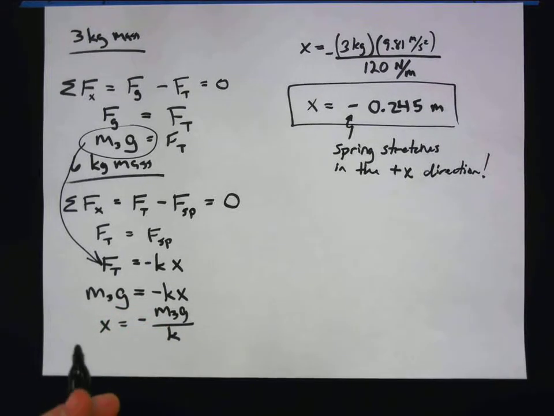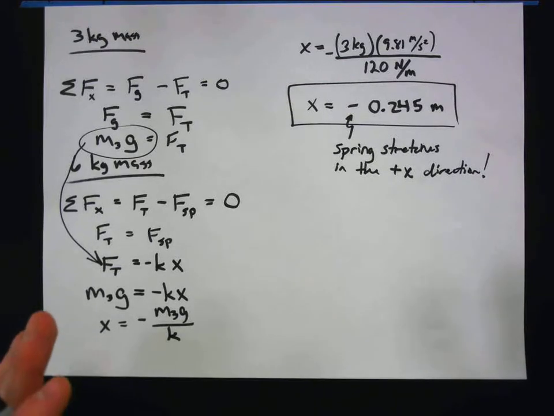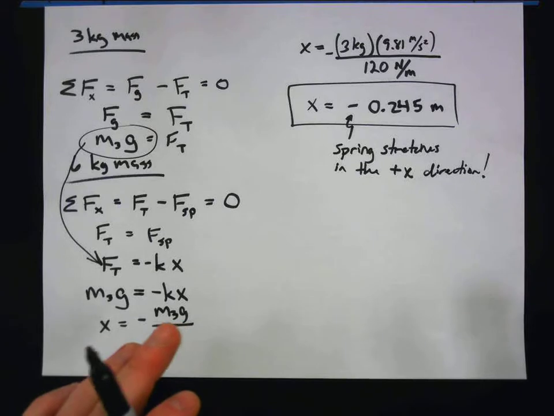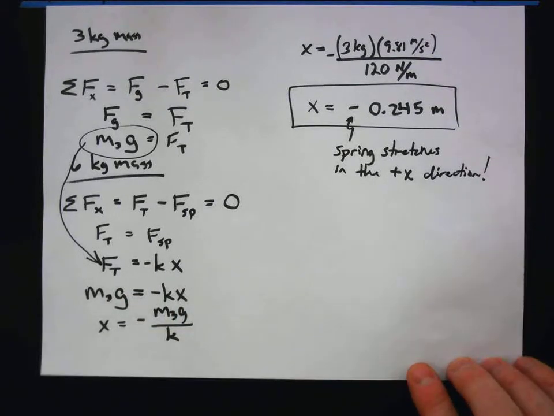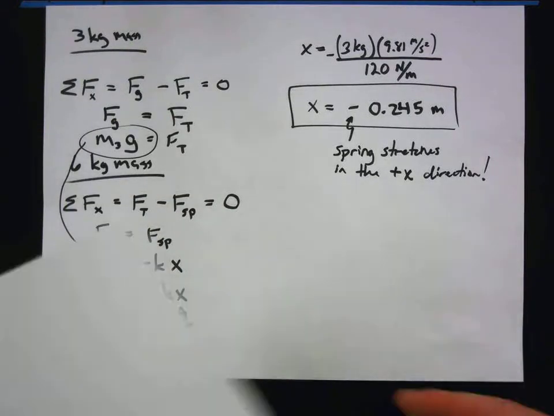Okay, so there's that problem that incorporated connected objects and Hooke's law. But we're going to have a new challenge here. We're going to look at this a little differently. For this, we're going to re-sketch our situation, but slightly modified.